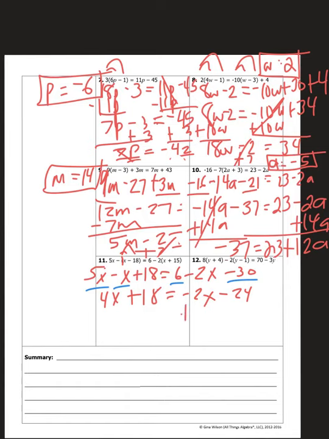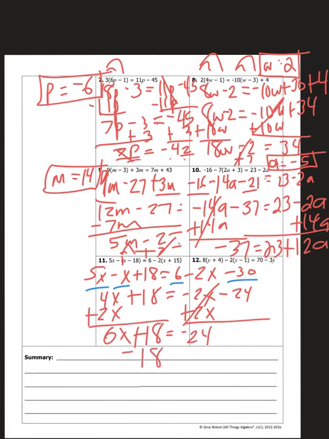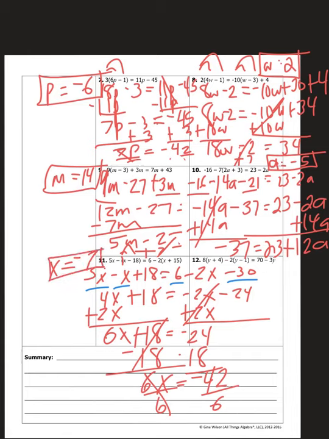Move the variable to one side, add 2x to both sides. 6x plus 18 equals negative 24. Subtract 18 from both sides. 6x equals negative 42. Divide by 6. X equals negative 7. Okay. Negative 42 divided by 6 is negative 7.